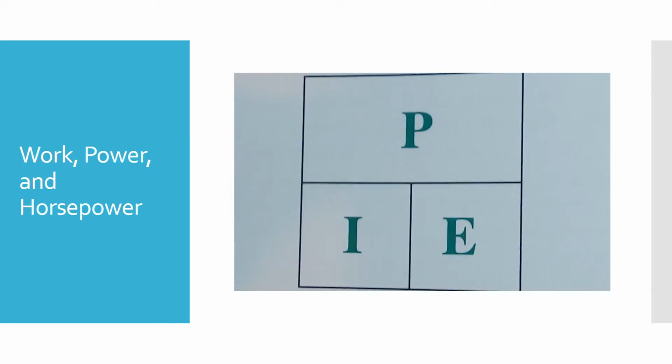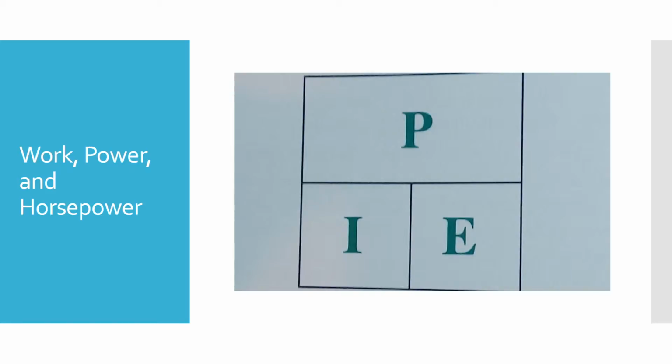Here's the device, a memory device to help solve power problems. Cover the unknown quantity and the remaining letters give the correct equation. For example, if E is unknown, cover E and P over I, or P divided by I, remains. Thus, E equals P divided by I.